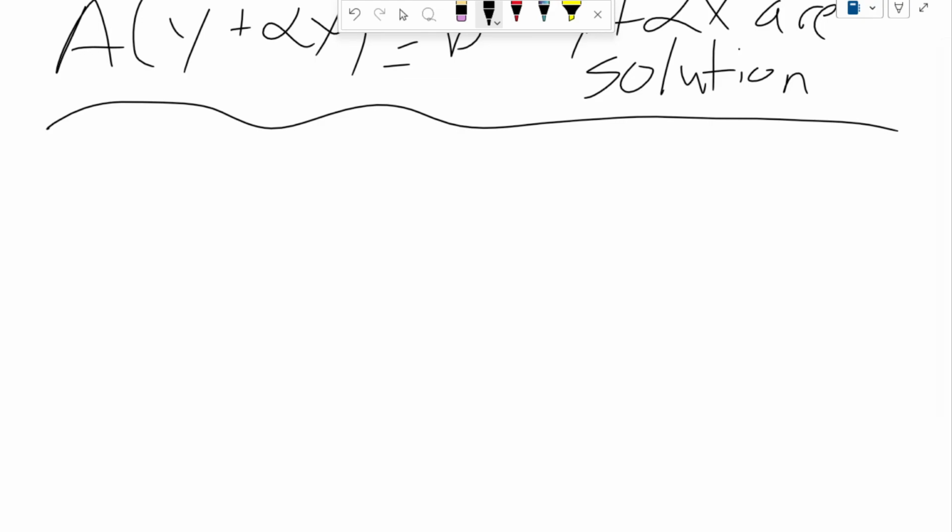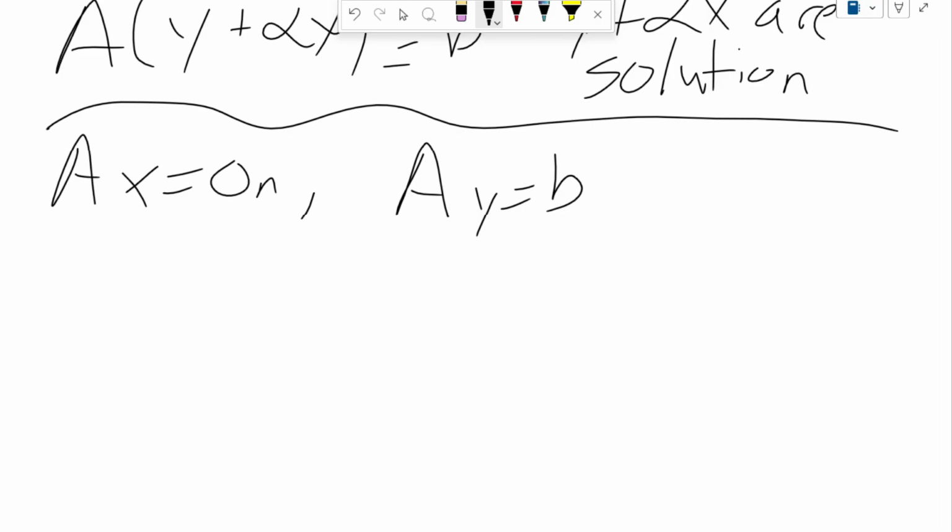Again, we're going to assume that Ax equals 0, and we're going to seek all solutions to the system of equations Ay equals b. It turns out then that the set y plus null A is going to be the set of all possible solutions.